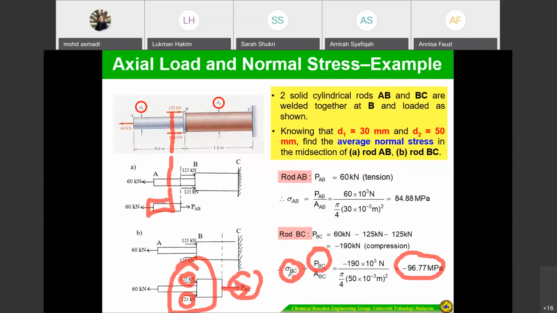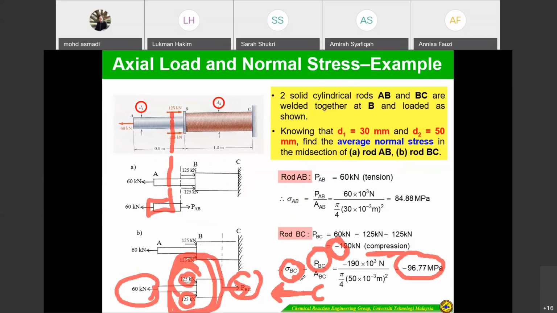The negative means P_BC is in this direction, because this is the higher force we introduced rather than the other force. The total is 250 kilonewton, that's why P_BC points to the left side, which is a compression, and it's called negative.